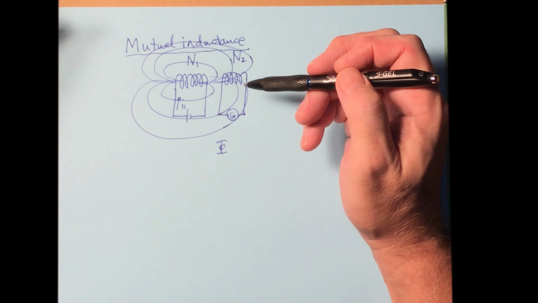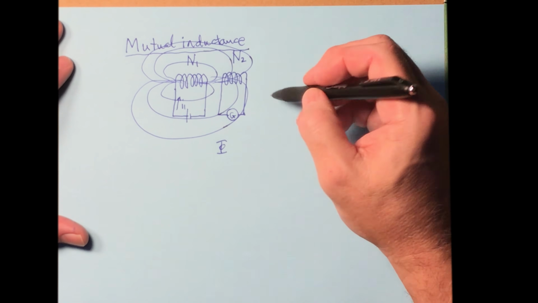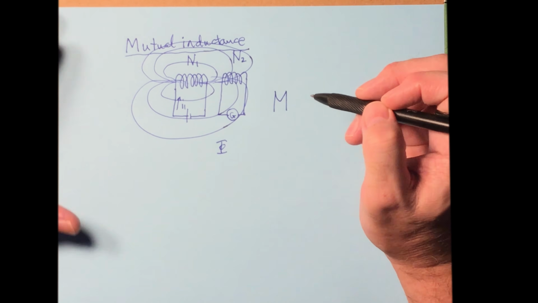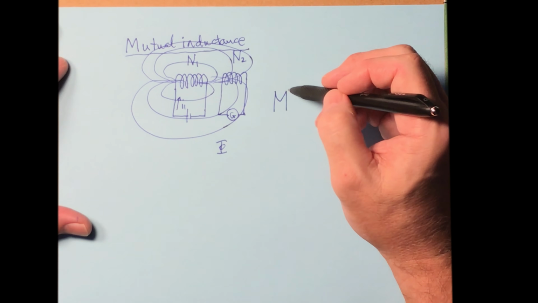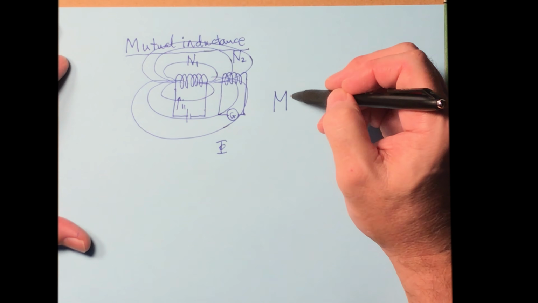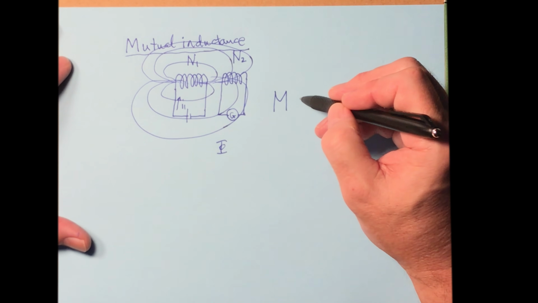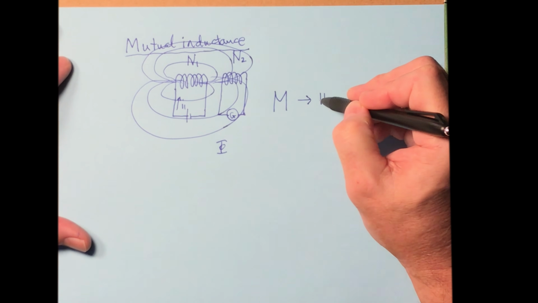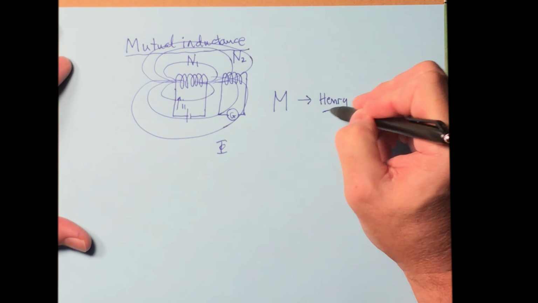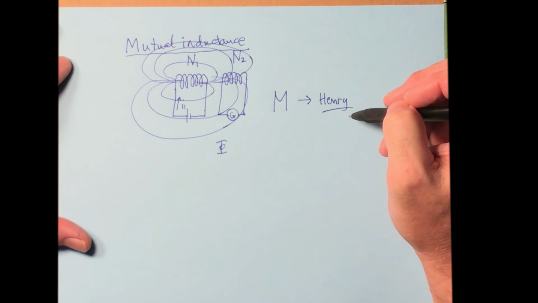All right. Now, we'll define the mutual inductance between these two as M. And that is very much like regular inductance. It has a unit of Henry, just like a regular inductor has.